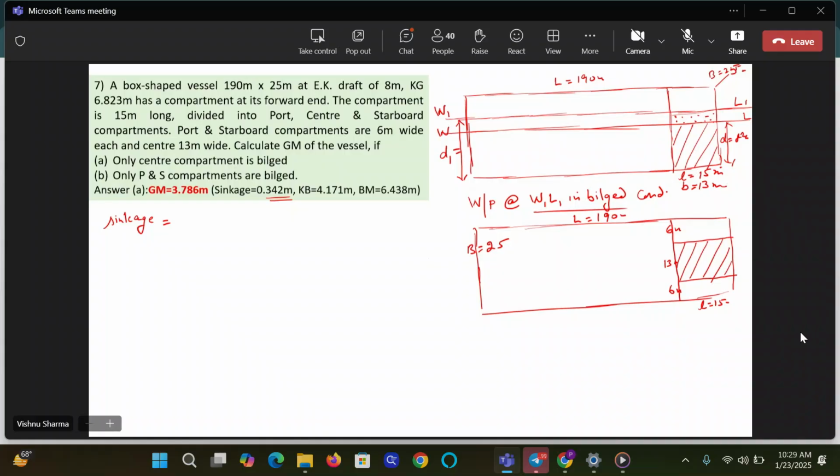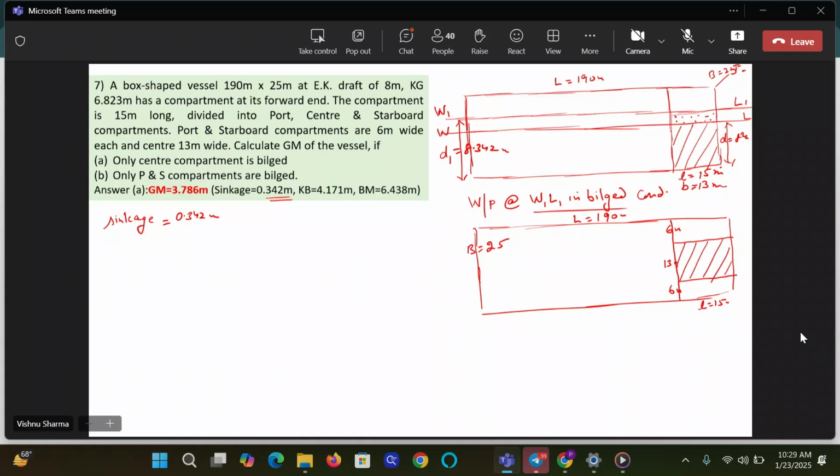So can I presume that everybody's got the sinkage, and sinkage needs no explanation? 0.342. I'm just writing 0.342 here. What will be D1 then? It will be 8.342 meters. It goes on the diagram.